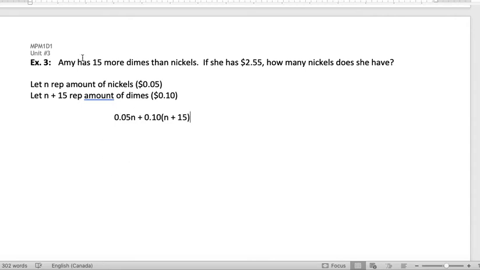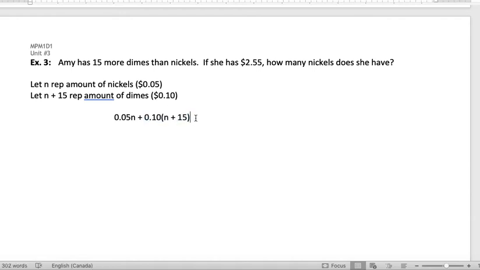this. So if we're not looking at the 0.05n right now, we're going to just look at this part here. So we know that n plus 15 is the number of dimes, but the value of the dimes is how much the dimes are worth, so 10 cents multiplied by the number of dimes.